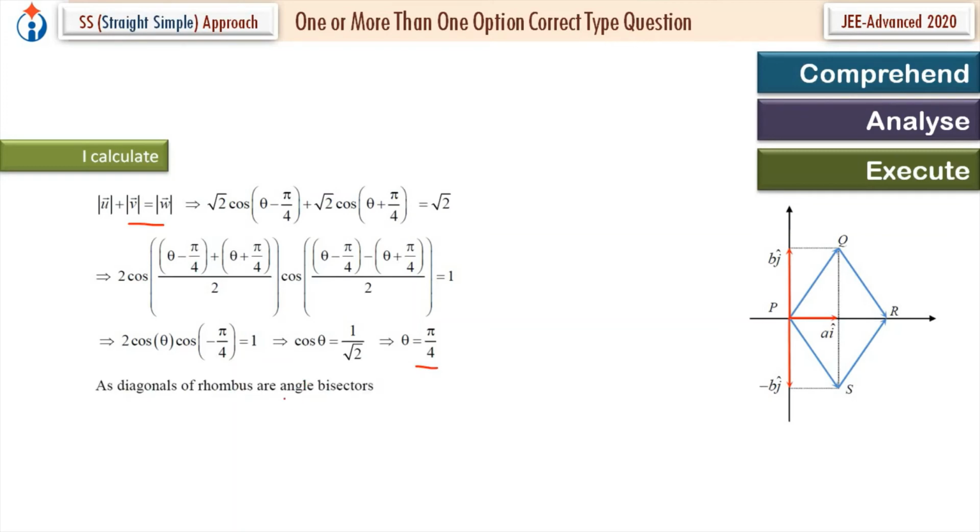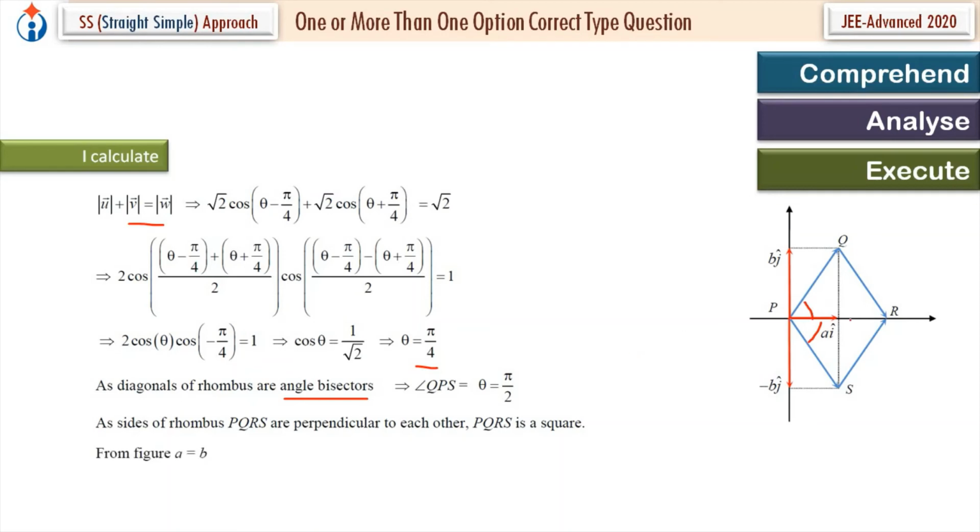As diagonals of a rhombus are angle bisectors, these angles are equal, and this is pi by 4, this is pi by 4, so this angle is pi by 2. Sides of rhombus PQRS are perpendicular to each other, so PQRS is a square.